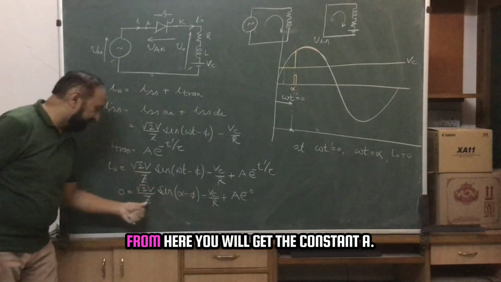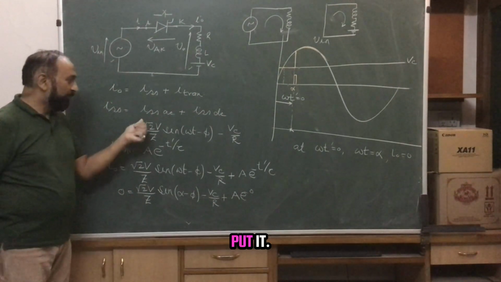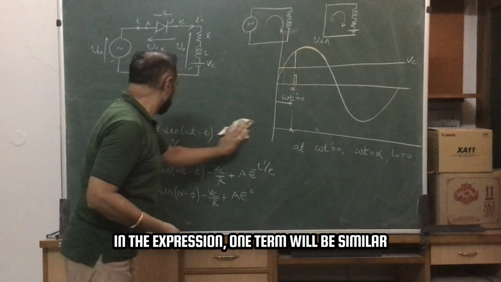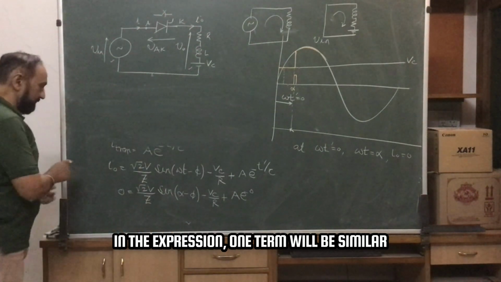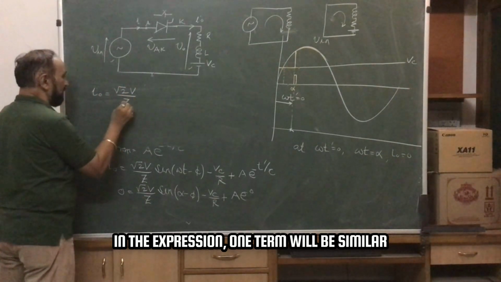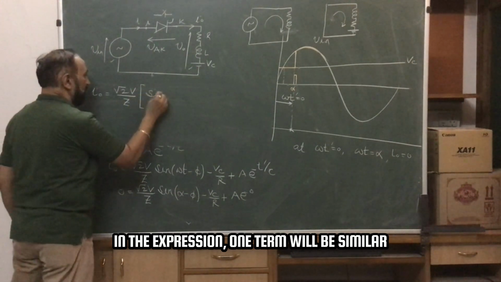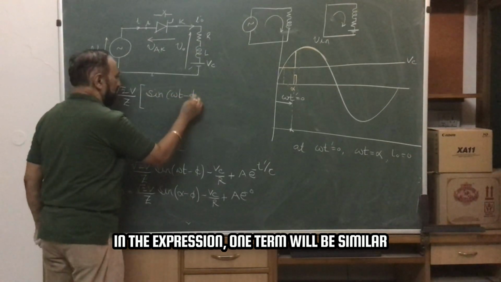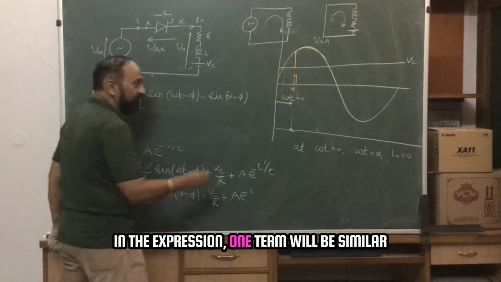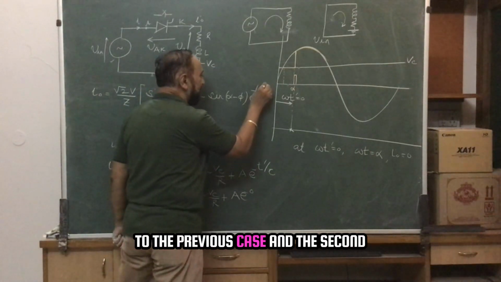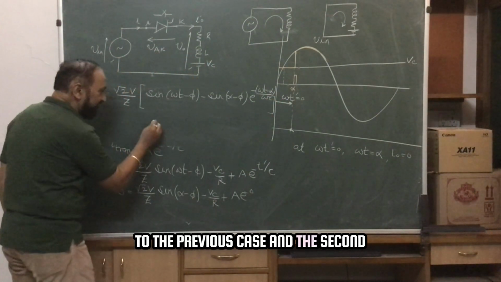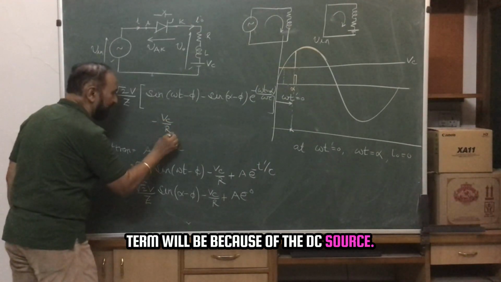Using this value, from here you will get the constant A, put it in the expression. One term will be similar to the previous case, and the second term will be because of the DC source.